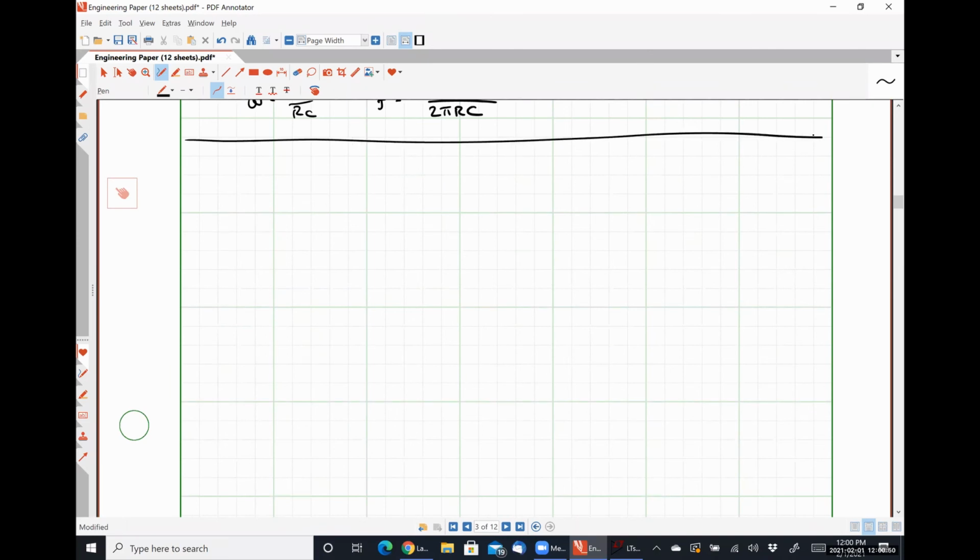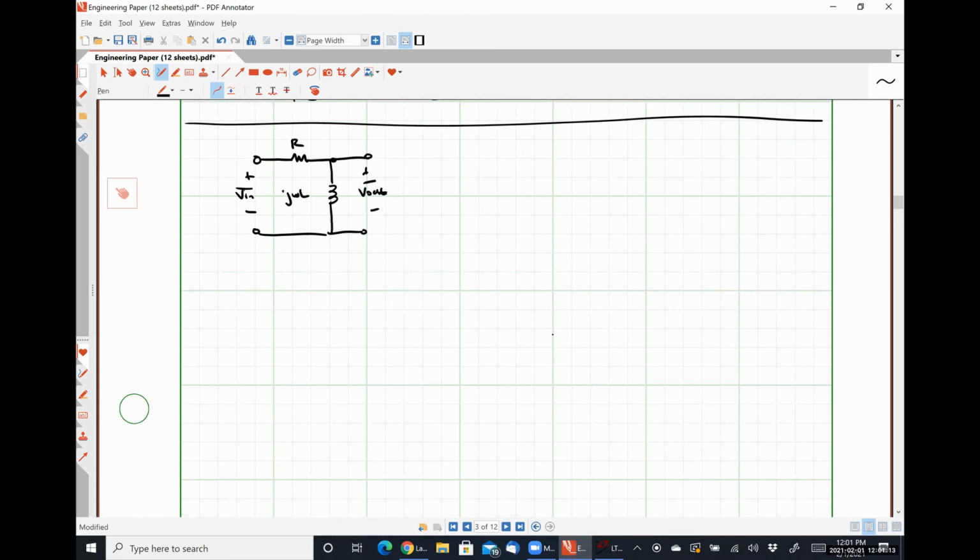now let's throw some first order inductor circuits in the mix. So we'll start with R up here, j omega L here, in, out, our transfer function, what are we going to have this time?